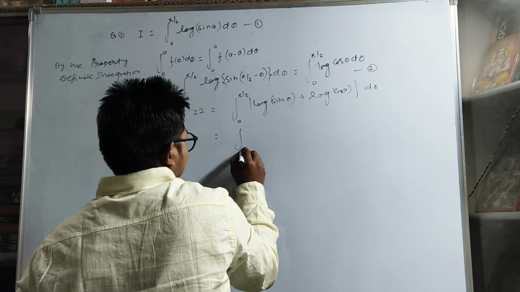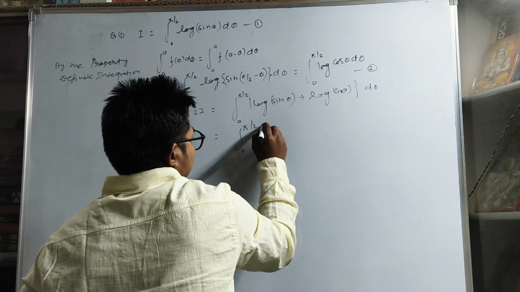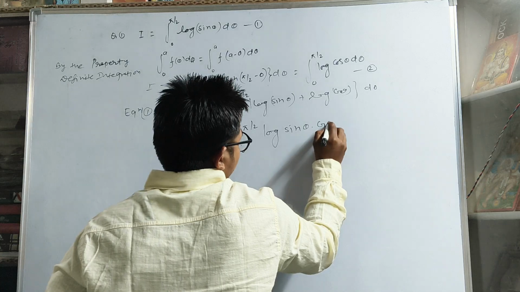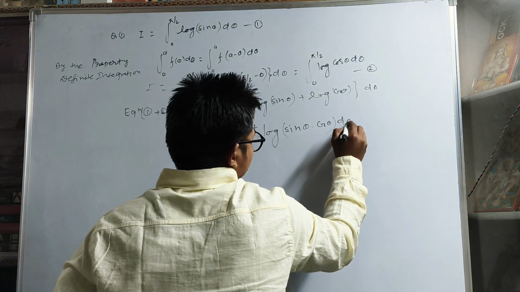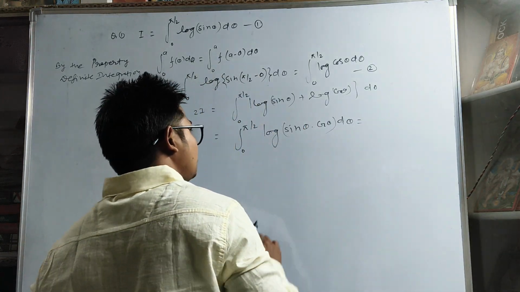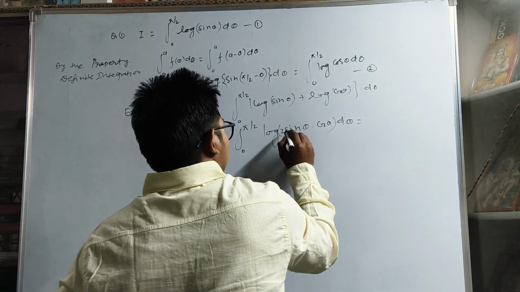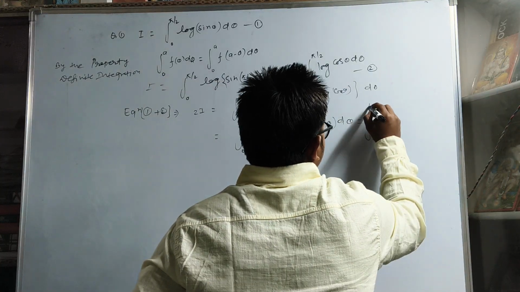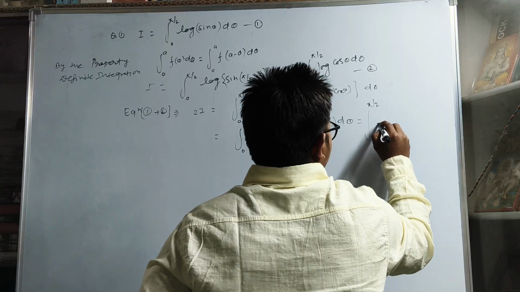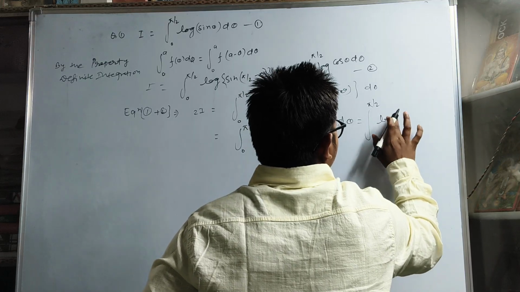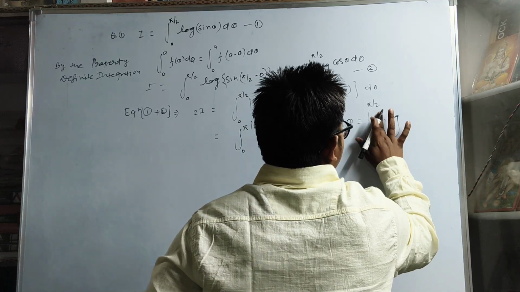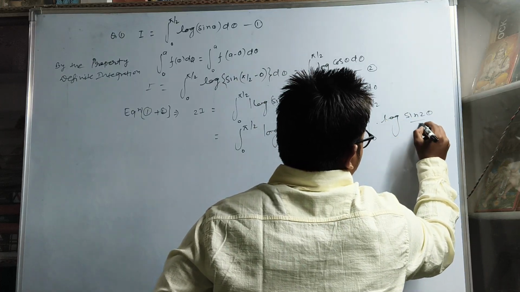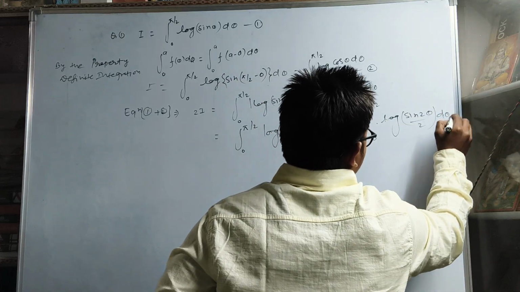It is nothing but log m into n, so you can write log sin theta into cos theta d theta. We can multiply and divide by 2, so you can write 0 to pi by 2 log of sin 2 theta by 2 d theta.